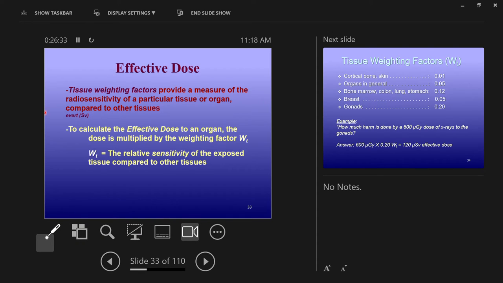The tissue weighting factor provides a measure of radiosensitivity of a particular tissue or organ when compared to other tissues. So you can take the absorbed dose, multiply by a tissue weighting factor, which will be some numbers here in a second, and you can come up with something called the effective dose.